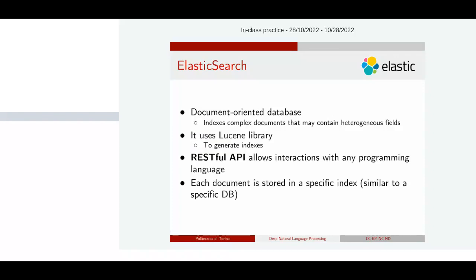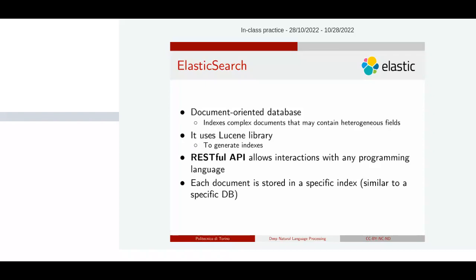How is it built inside? Elasticsearch is a document-oriented database. It means that each item indexed in Elasticsearch is a document. I don't know if you are familiar with NoSQL databases like MongoDB; it is similar to MongoDB, a document-oriented database.